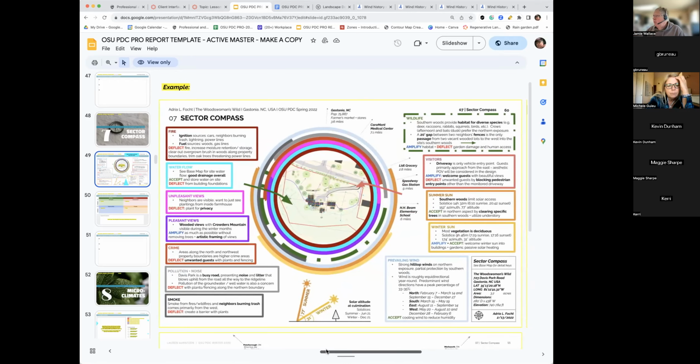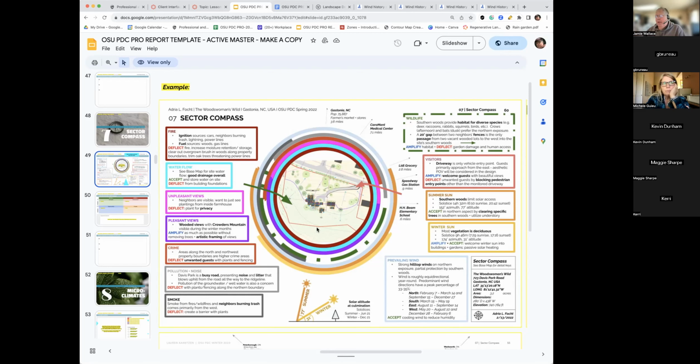I sometimes see that in an urban setting, a fire sector all the way around, and I have a hard time feeling that that's actually something you want to design to deflect, right?